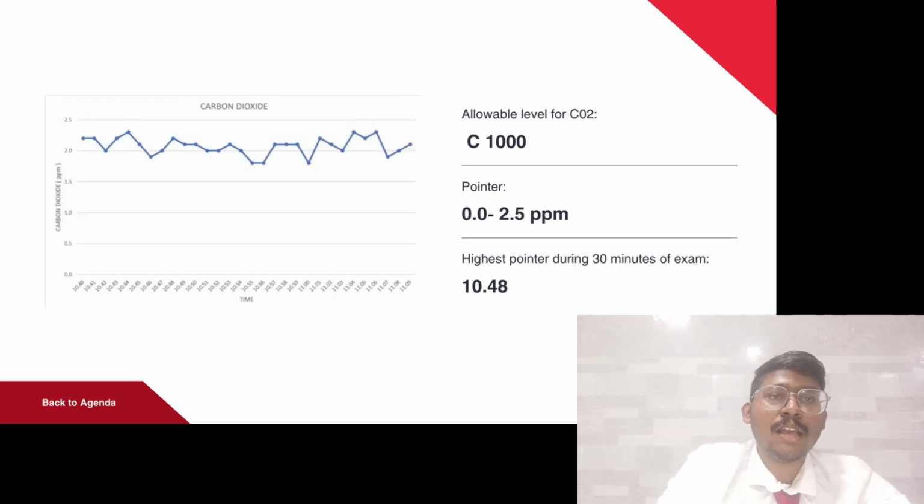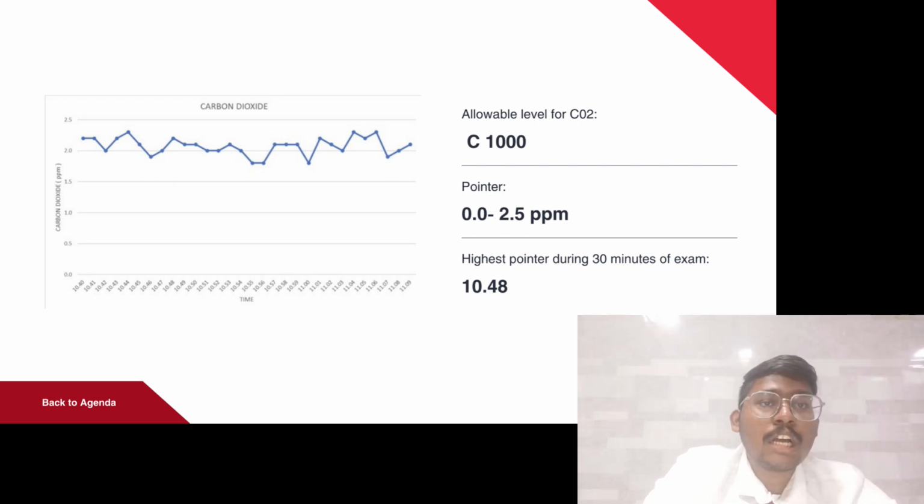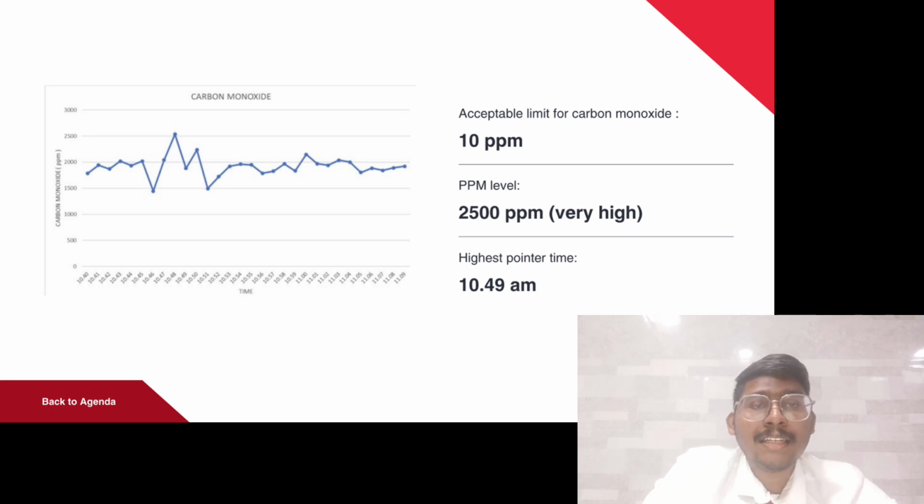For carbon dioxide, the allowed limit for CO2 is 1000. From the graph, we can see that the range is between 2.0 to 2.5. This is still in the acceptable limit and it is safe. For carbon monoxide, the acceptable limit is 10 ppm.